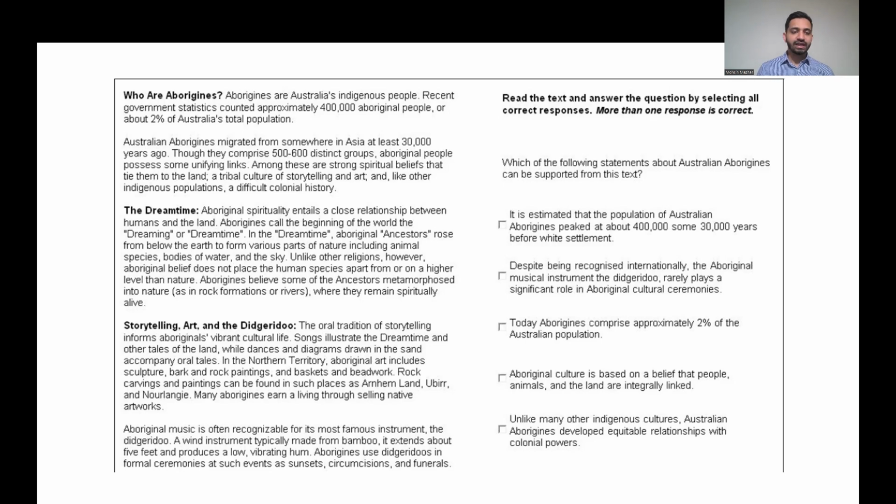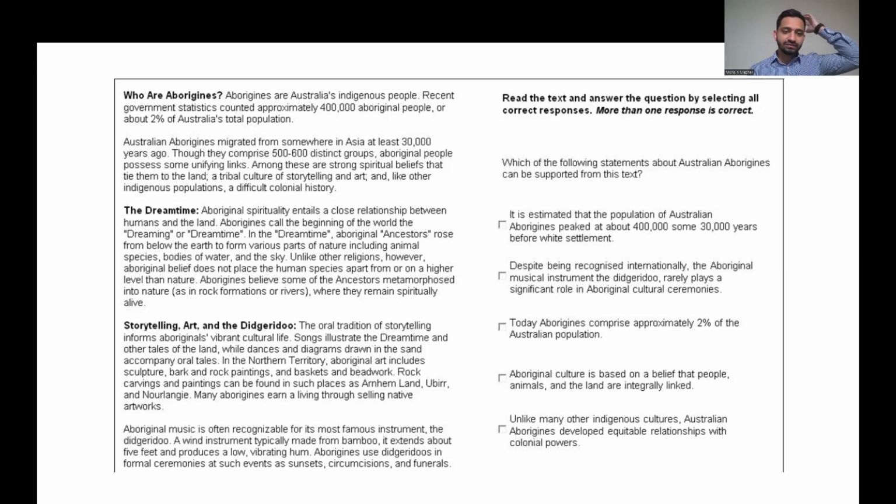Of nature, including animal species, bodies of water, and the sky. Unlike other religions, however, Aboriginal belief does not place the human species apart from or on a higher level than nature. So it's saying that it's on the same level. Nature and humans are on the same level, and nature includes animal species, bodies of water, and the sky.